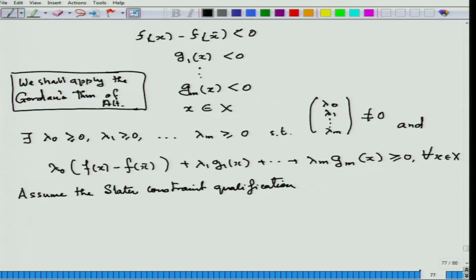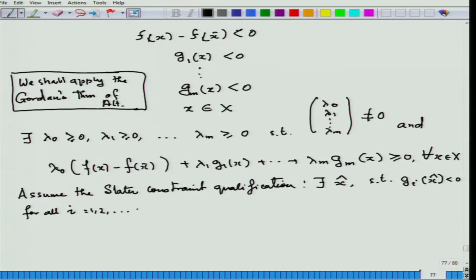Now, once I know this fact, then what happens? That is, there exists an x hat such that g i of x hat is strictly less than 0 for all i. Then, if this is the scenario, what would happen? Let us see. Do we have some additional information?